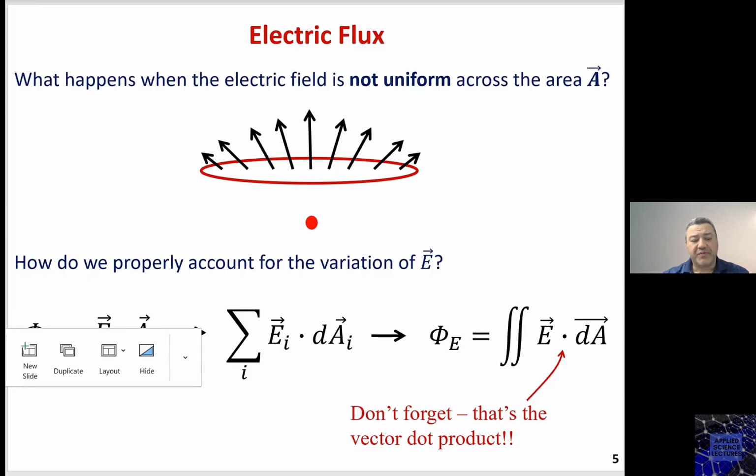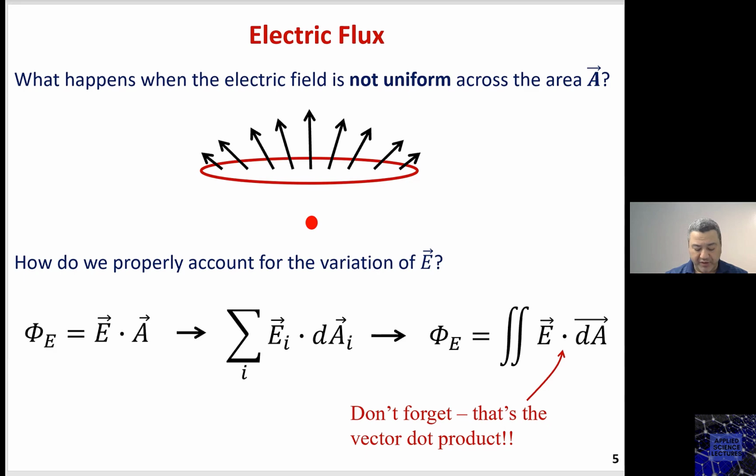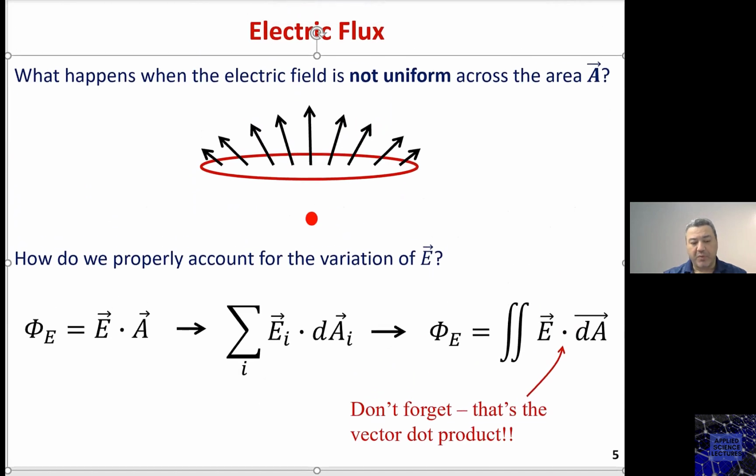Now, what happens if this electric field is non-uniform? So far, we've seen what happens if the electric field was uniform, but what if it was non-uniform, which means that the electric field is not the same everywhere on the surface defined by this contour. In this case, we have to do an integration.